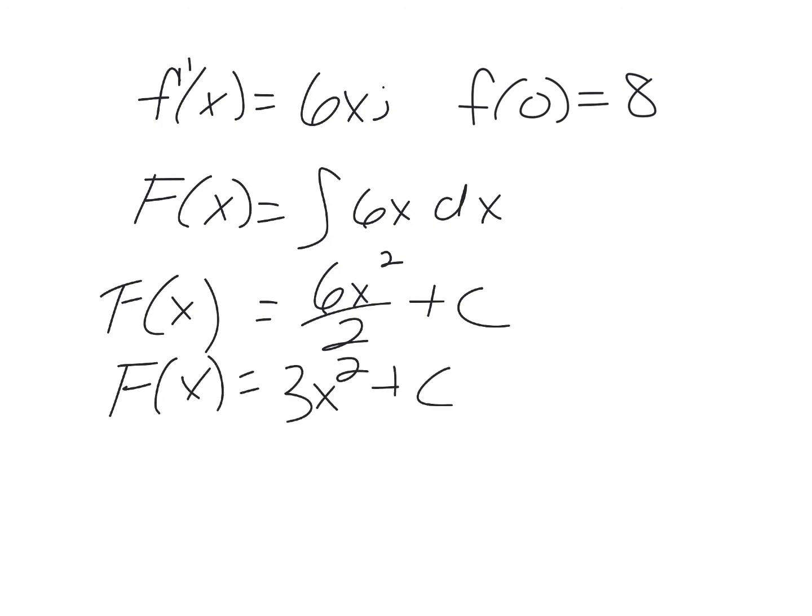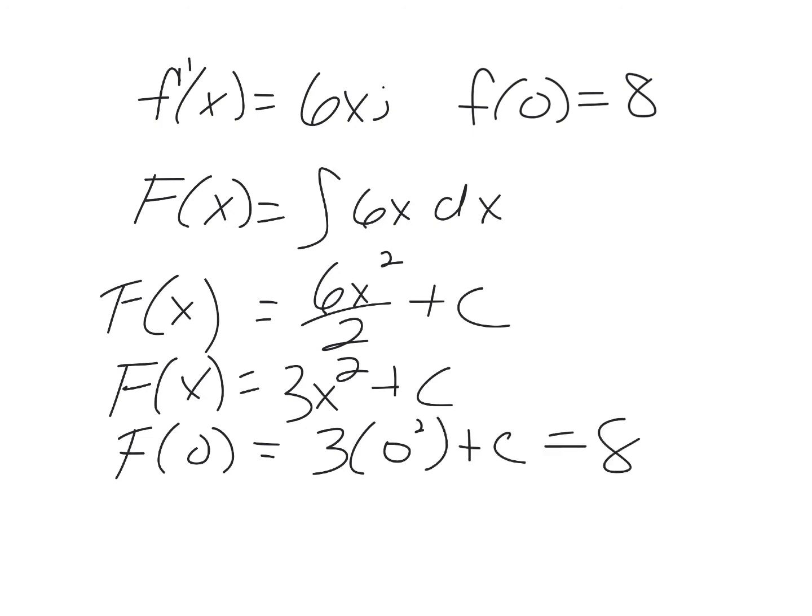We plug in, and then we need to find what f of 0 is equal to, right? And f of 0 should have an output of 8, right? Because that's what we were told in the beginning. f of 0 is equal to 8. So we set it equal to 8. 0 squared is 0, 0 times 3 is 0, and then we get c is equal to 8.